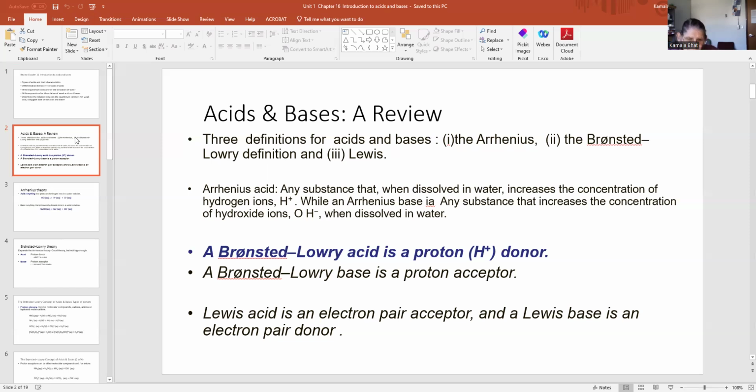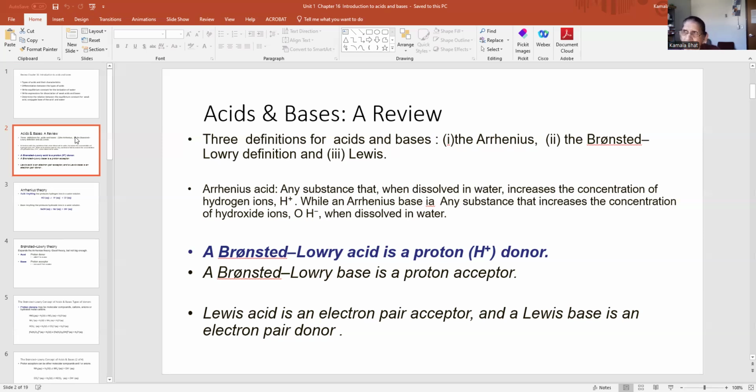Now, this is one step higher and encompasses all the acids that were defined under the Arrhenius acid or base, and therefore Lowry-Bronsted definition of an acid or base is as follows. A Lowry-Bronsted acid is considered as a proton donor, and a Lowry-Bronsted base is considered as a proton acceptor.